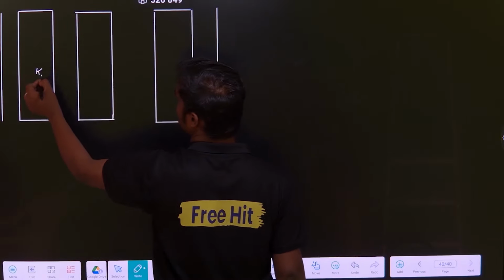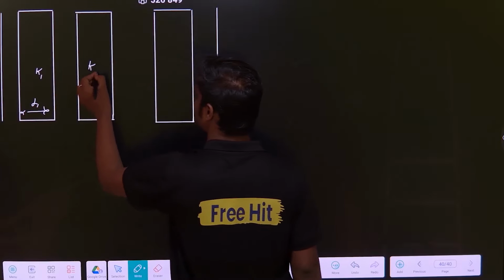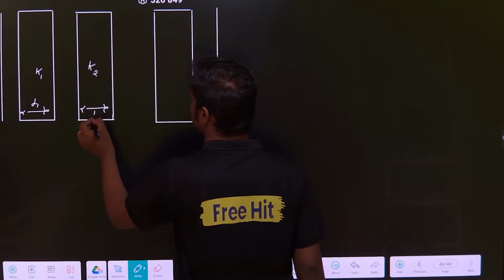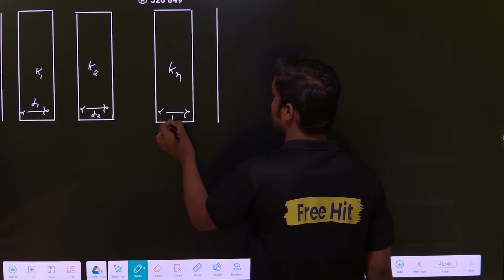Suppose this is K1, this thickness is T1, this is K2, this thickness is T2, up to Kn, this thickness is Tn.